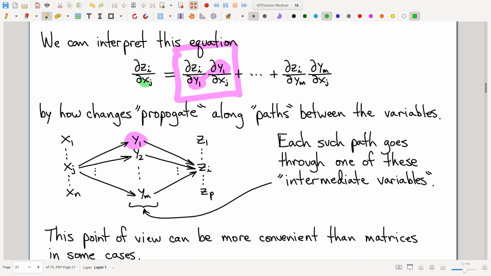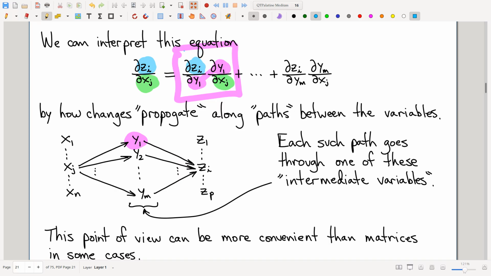Whatever it is that you're taking the partial with respect to will always be there. And whatever it is that you're taking a partial of will always go there. That's the pattern. For every intermediate variable, you get a term that is always structured like this. This is a great way to keep track of stuff.